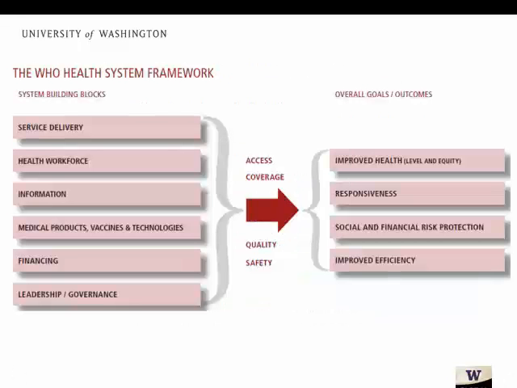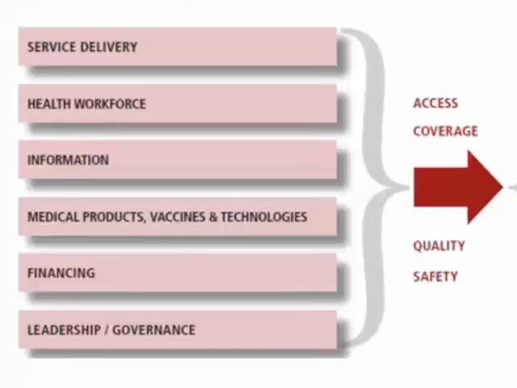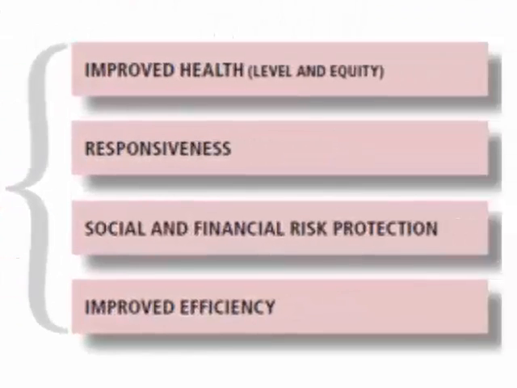And if you look at the WHO health system framework, it divides the system into 6 building blocks: service delivery, the workforce, information, products, vaccines and technologies, financing, leadership and governance. And then the goals are on the right side.